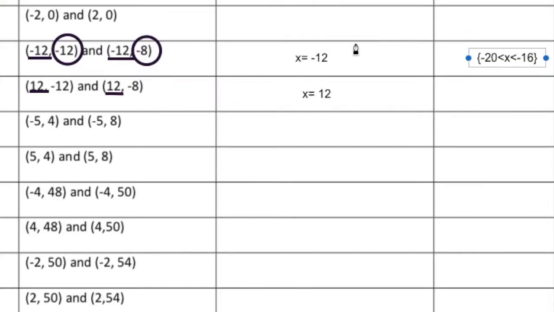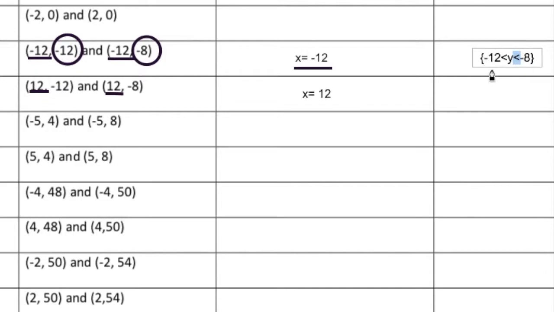But in this case, we are given the equation x equals negative 12. So we are going to make sure that the y values fall between what we noted here, which were negative 12 and negative 8. The smaller one is on the left, and we'll put negative 8 here. Again, you can flip those inequality symbols around.